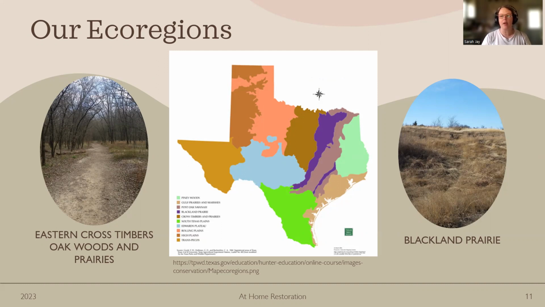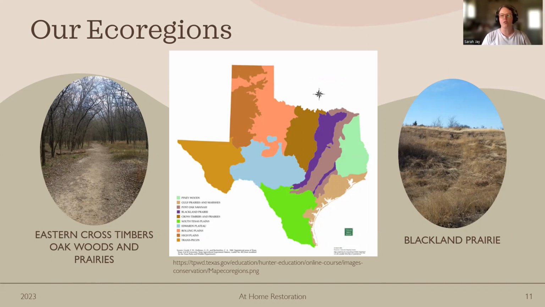You'll find other trees interspersed there, but the dominant trees are oak and hickory. On the Blackland Prairie, you have this really rich, black, fertile soil that is produced by buildup of dead vegetation that has decayed over centuries.